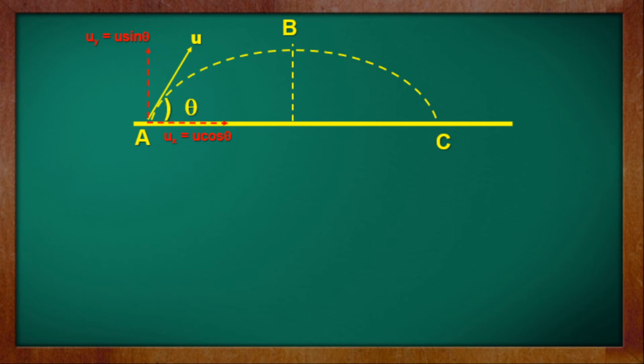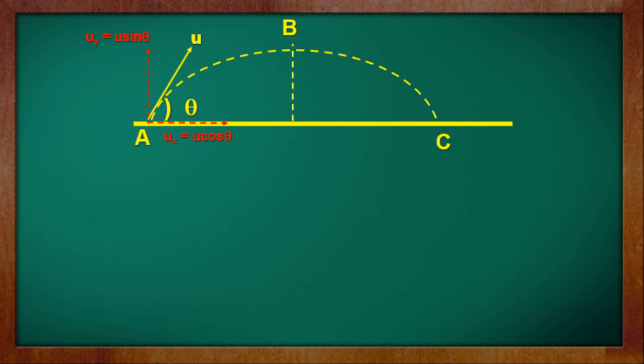As the projectile moves, it is under the action of gravity. A constant force is acting on the body in the vertically downward direction, and due to that, its nature of motion along the vertical is uniform acceleration.